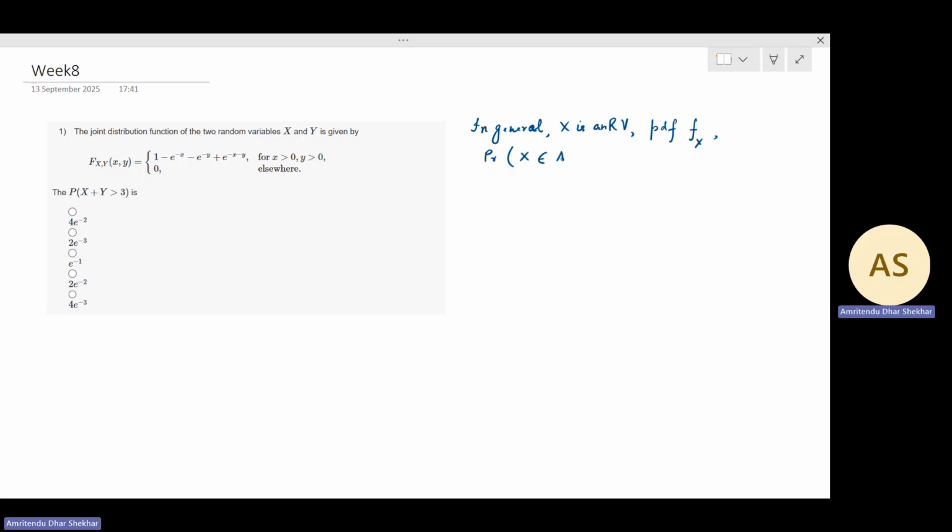then if we are asked to compute the probability of x taking values in a particular set A, where A is a subset of Rn, then of course we know that this probability is given by the integral over A of the density function.